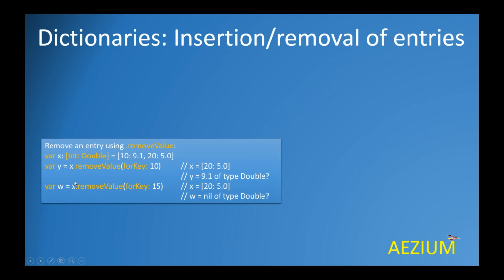And as we know, nil is a value which is used in connection with optionals. So as a result of this, X remains intact as it was after the previous line of code, and w here, which is our third variable, will be assigned the value nil, and the type of w is again optional Double.